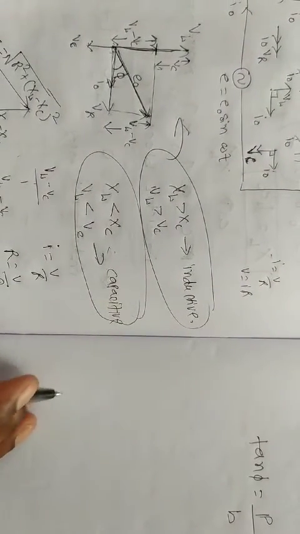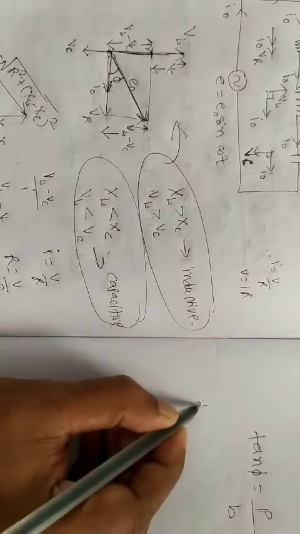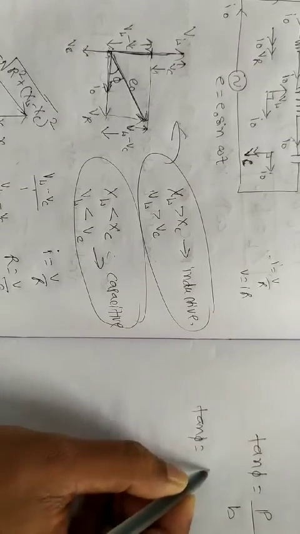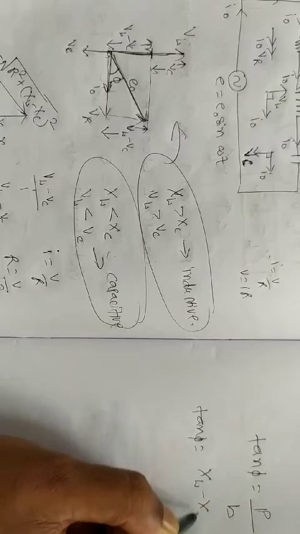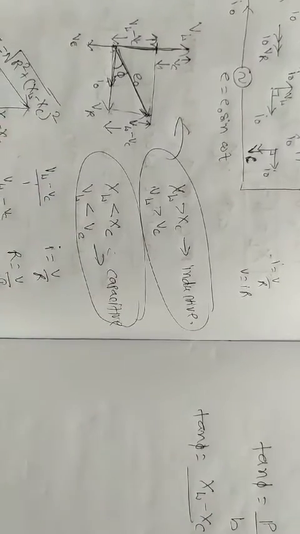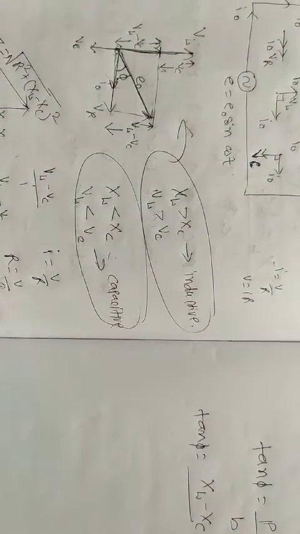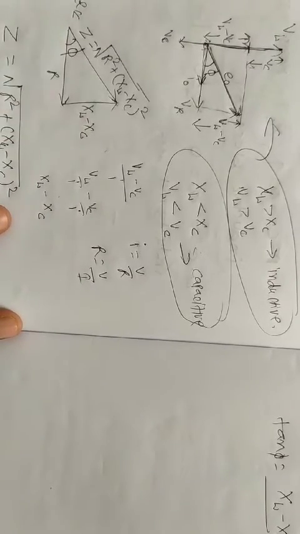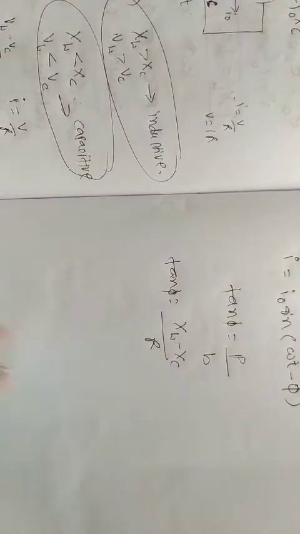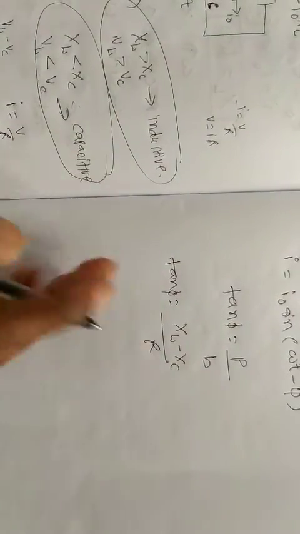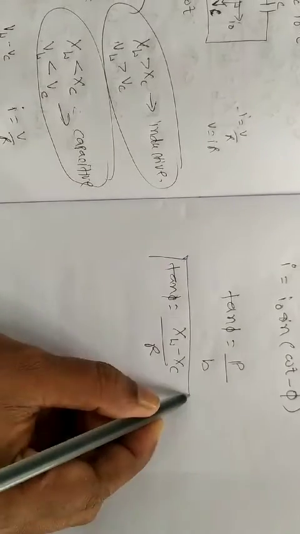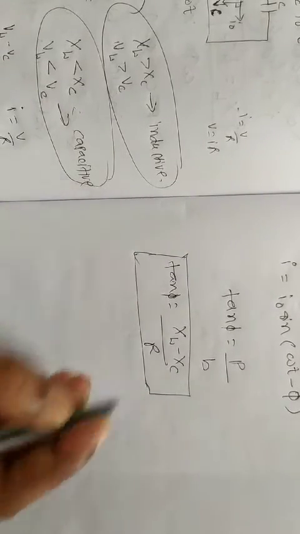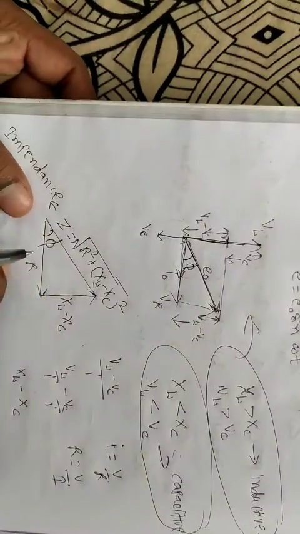So tan phi is equal to XL minus XC divided by R. XL minus XC is the perpendicular and R is the base. This is the formula of tan phi. From this triangle, tan phi will be XL minus XC by R. Clear?